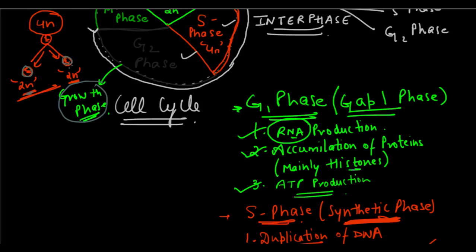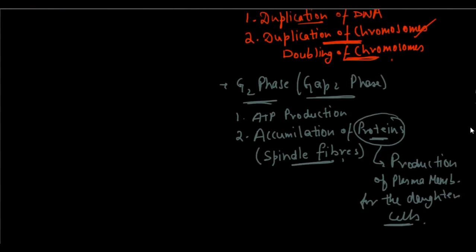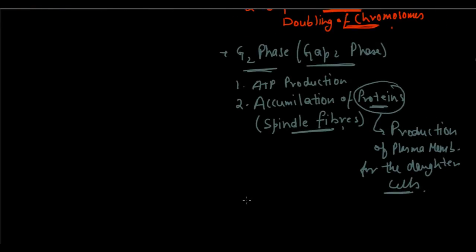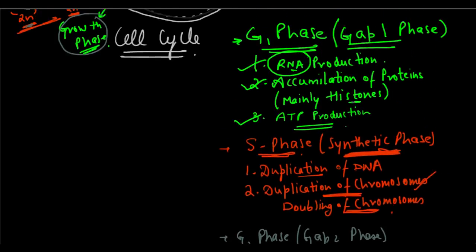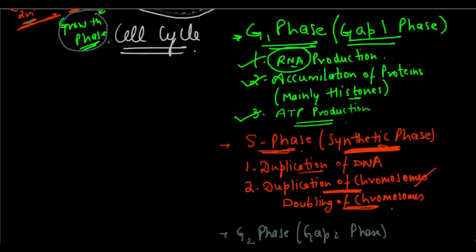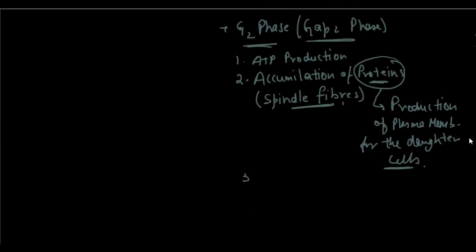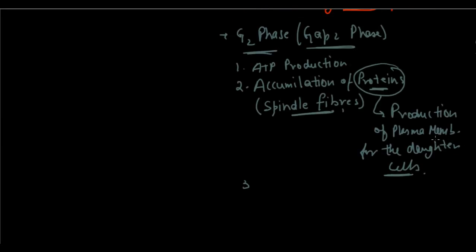And lastly, the third thing we do yet again, if you look at G1, is really the production of RNA right here.